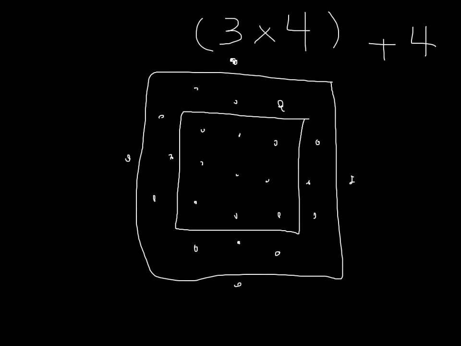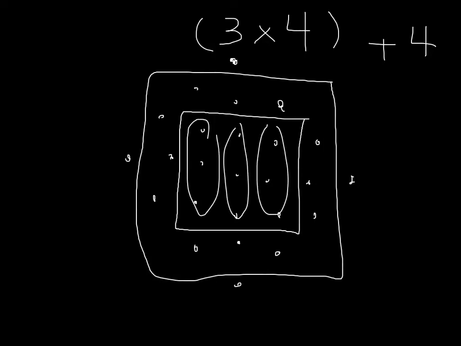So I have 4 groups of 3. Okay, 3 times 4. And what do I have left? Now I have 3, 3, and 3. So I have 3 times 3. And I'm going to add that to the rest. And there's my number sentence.